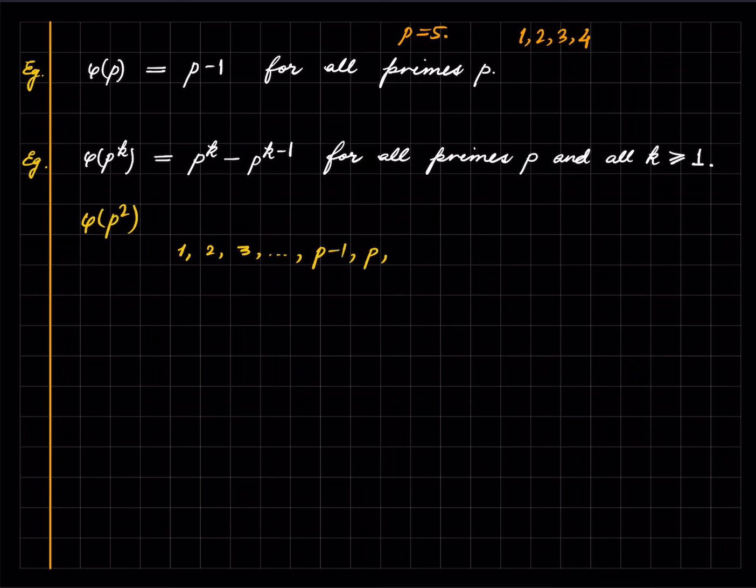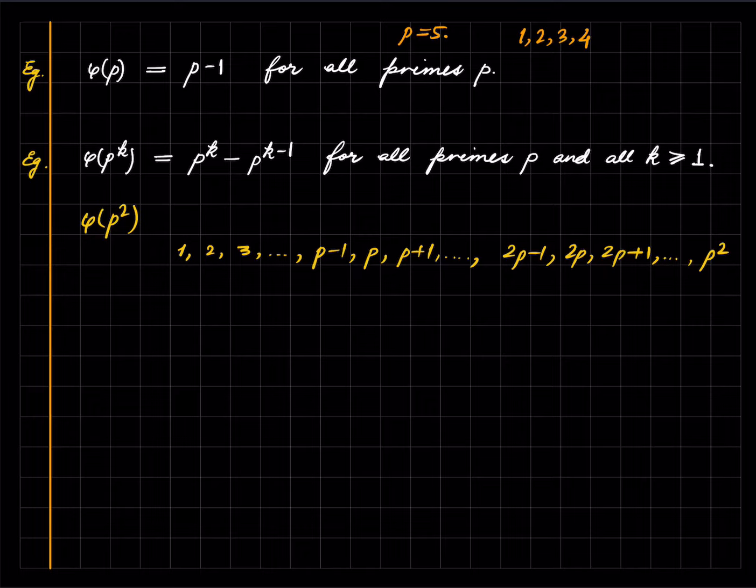And then there will be p, and then p plus 1, 2p minus 1, then 2p, and then 2p plus 1, and this will go on till p square. And I want to delete those numbers which are not relatively prime to p square. But since p is a prime, not being relatively prime to p square is the same as not being relatively prime to p.